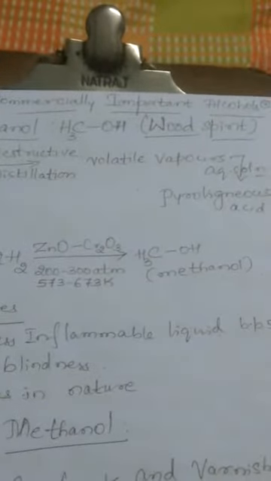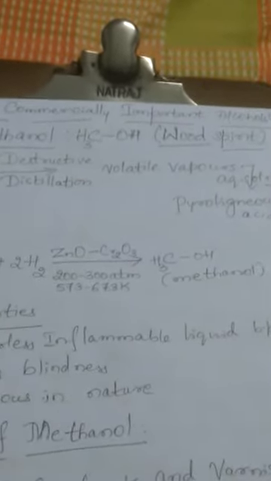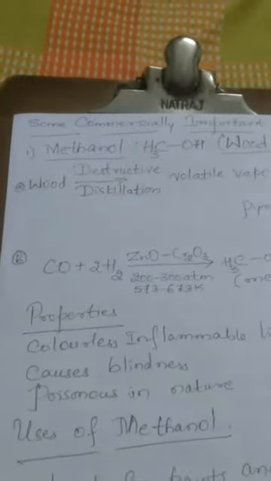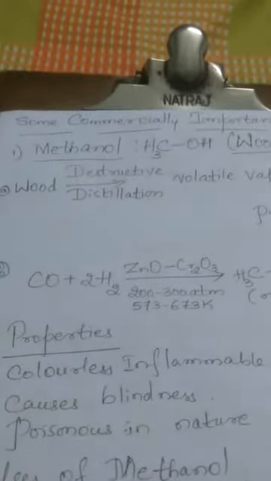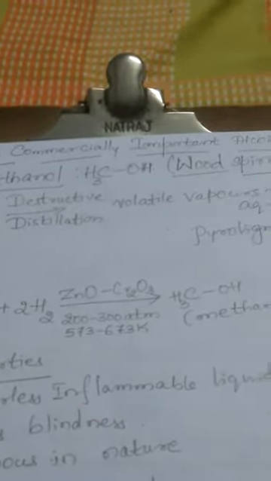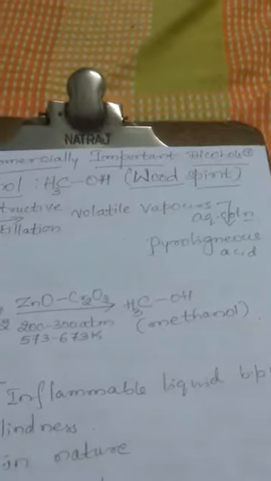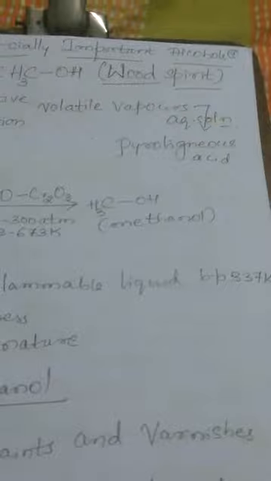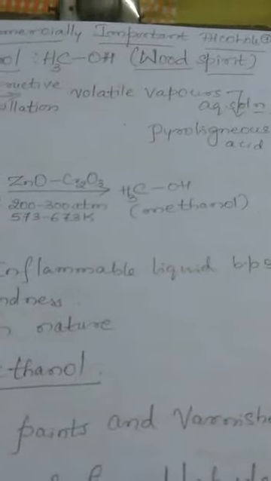I will tell you the reason why it is called wood spirit, because earlier wood was subjected to destructive distillation when you would obtain volatile vapors, and these volatile vapors on passing through aqueous solution would lead to the formation of an acid called pyroligneous acid. So therefore it is also called wood spirit.